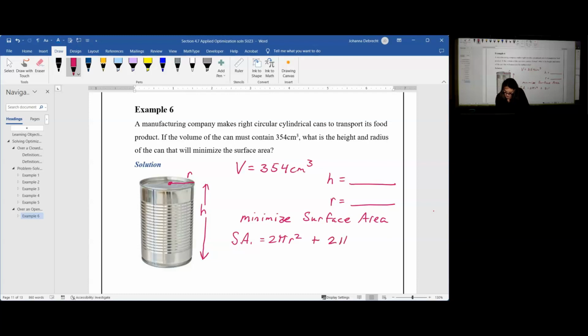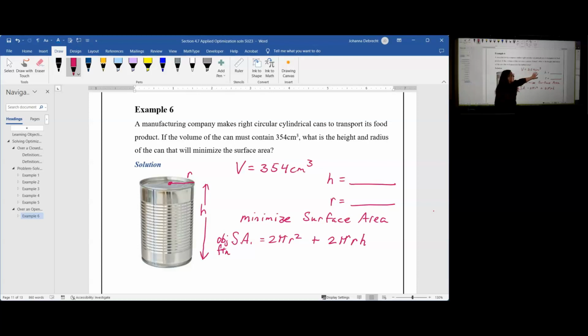The circumference is given by 2 pi r and the height is h. I now definitely have an objective function because I've related them together. I don't yet have any constraints. Go back to the information you're given and try to relate h and r together in such a way that you can eliminate one.